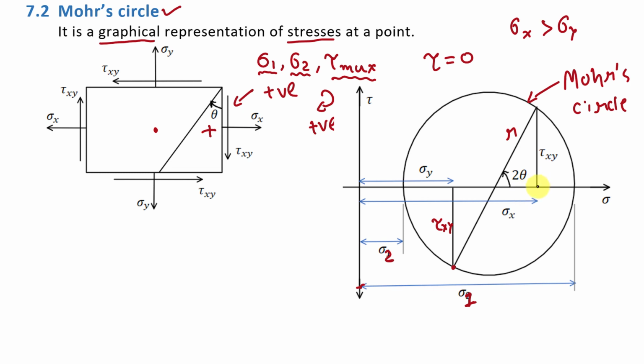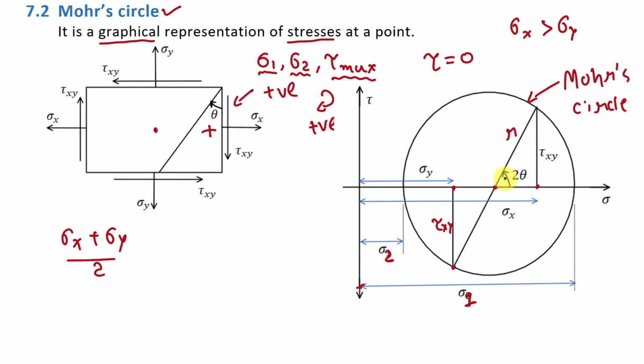Now understand that if we take these 2 points, this point is point sigma x and this point is point sigma y. So if we take this line segment between these 2 points, then you can see that this point is the midpoint of this line segment, which will be sigma x plus sigma y by 2.